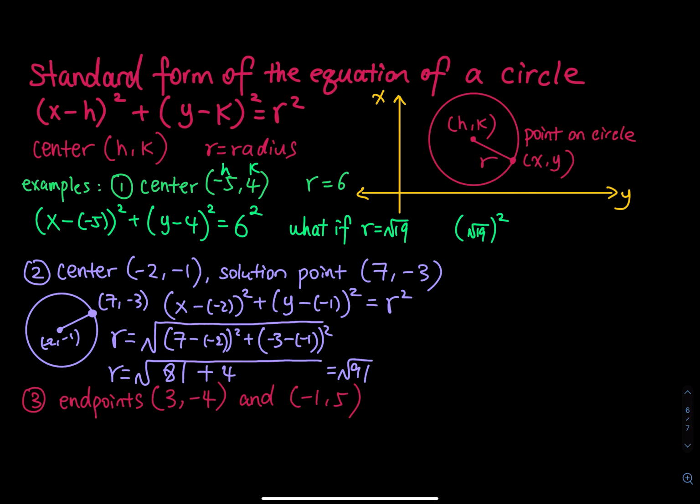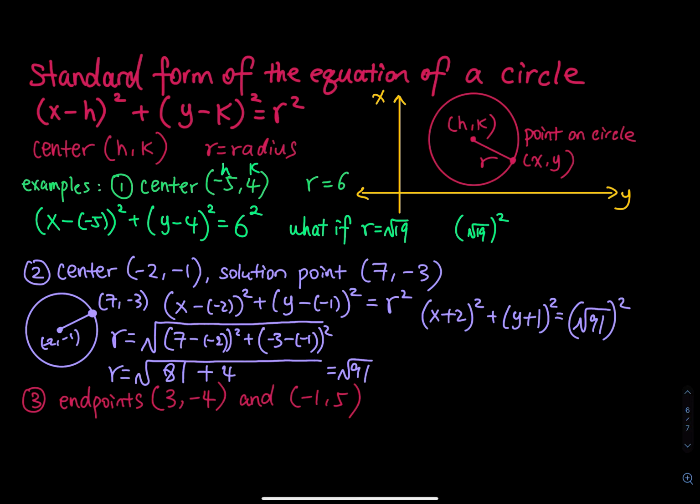By the way, when you do your homework online, I don't think the system accepts minus negative 2. So you do have to work this out like this. You have to write (x plus 2) squared plus (y plus 1) squared equals the square root of 85, squared.